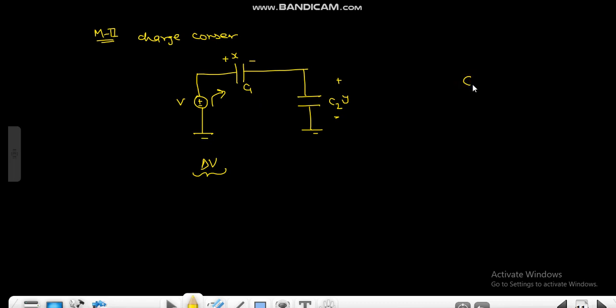See, at C1, because of delta V, we will have C2 into delta V upon C1 plus C2. Do you agree with this point?